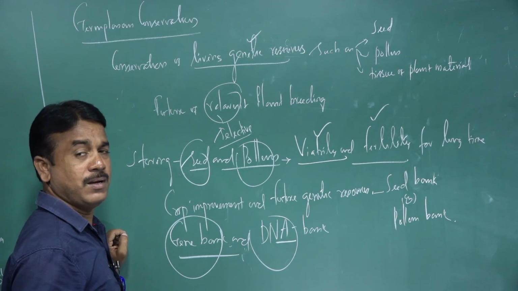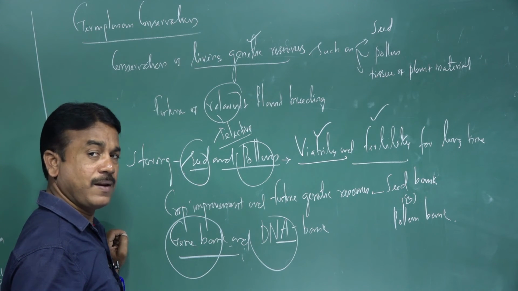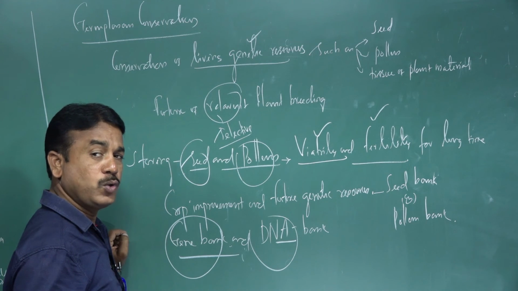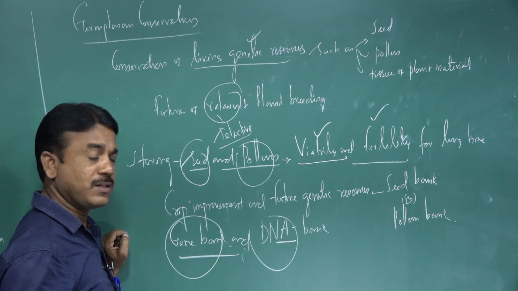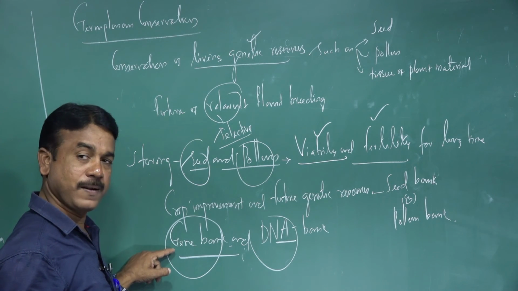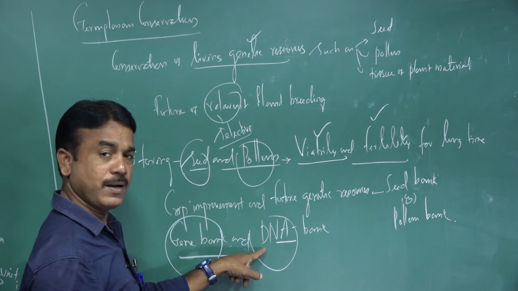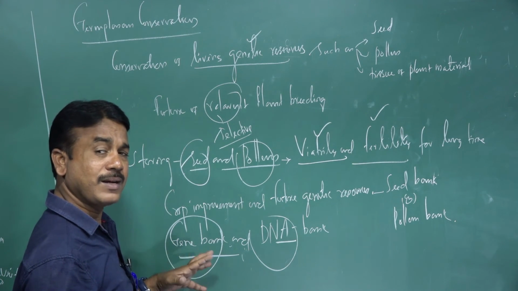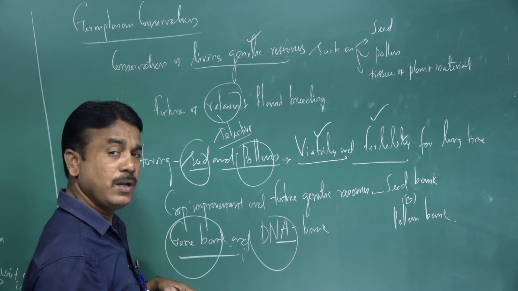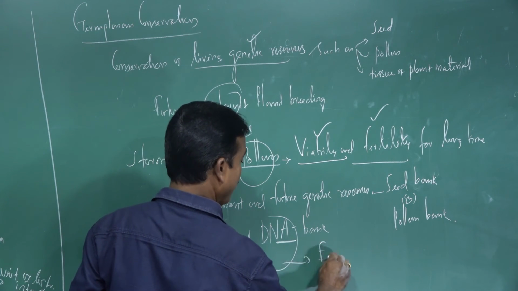For example, Santalum album, sandalwood. It is a rare plant that is now going endangered. Such an endangered plant has to be stored in the gene bank. The genetic material has to be stored in the DNA bank. So these kinds of plant resources from the gene bank and DNA bank are used in plant breeding.